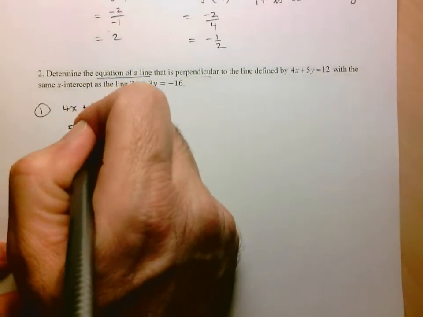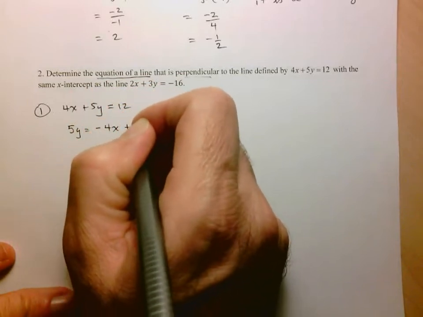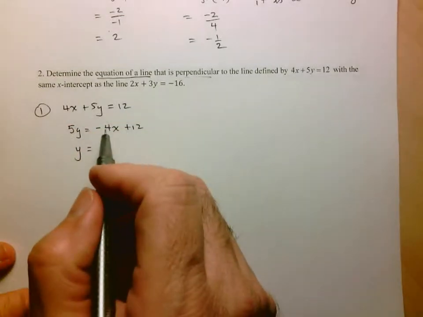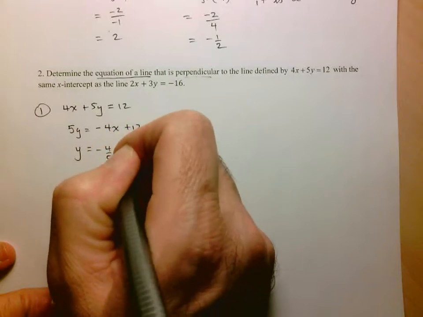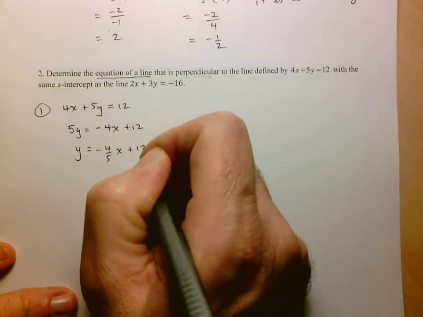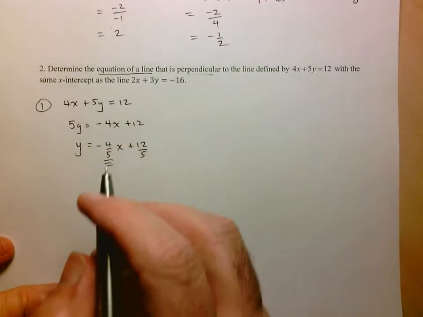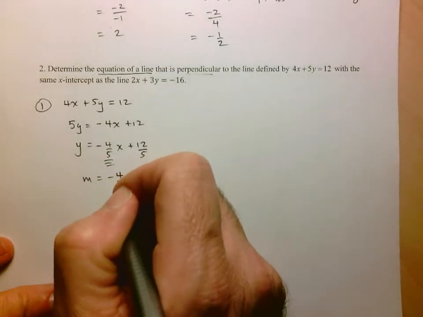So 5y, bring the 4x to the other side, becomes minus 4x plus 12, and now I divide both sides by 5. Remember, I'm dividing this whole side by 5. So I get -4 over 5 x plus 12 over 5. But the slope is the only thing I'm interested in. So the slope of this line is -4 over 5.